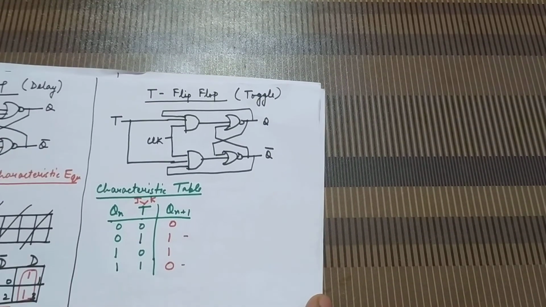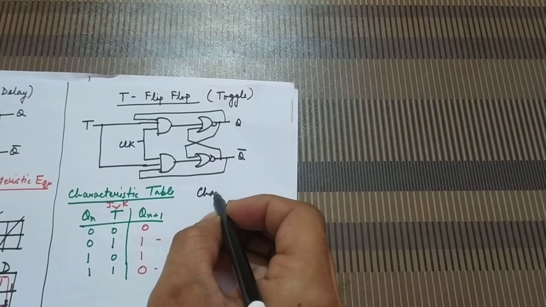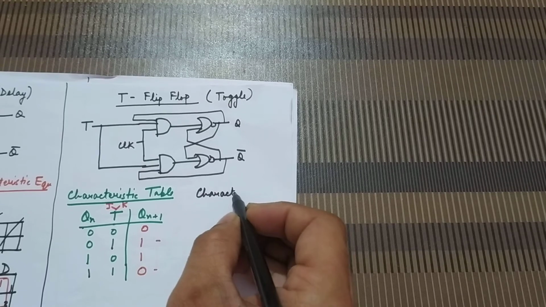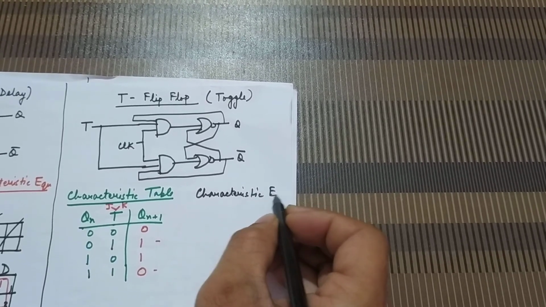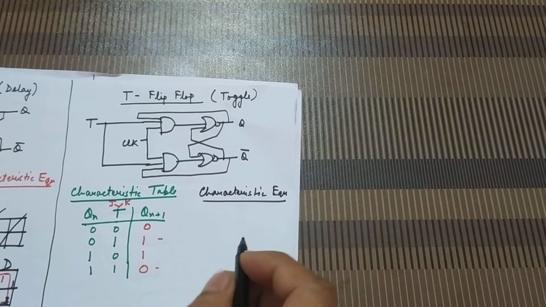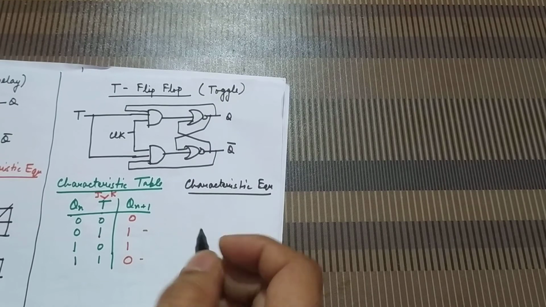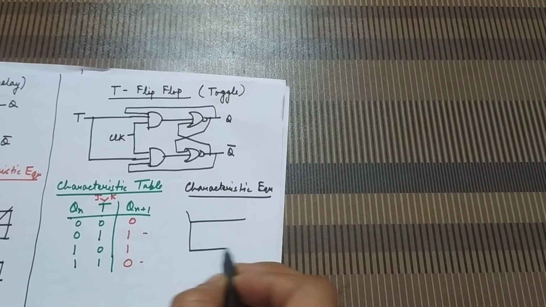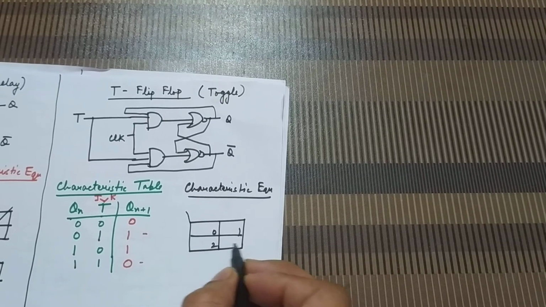Now as far as the characteristic equation is concerned, again we have two variables. We'll draw a two variable K map, 0 1 2 3.